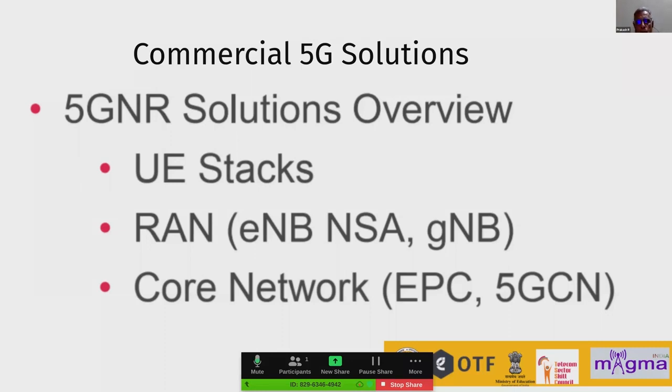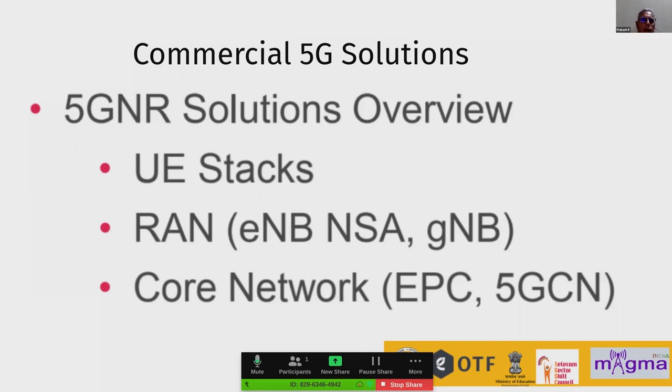On the core side, you can have an EPC, which is the 4G core, or you can have a 5G core network. So there are multiple combinations, and how does one go about it? This is all based on releases 15, 16, 17, and into 18. Working items are going on, and we know that IMT 2000 got us something reasonably good to deploy.